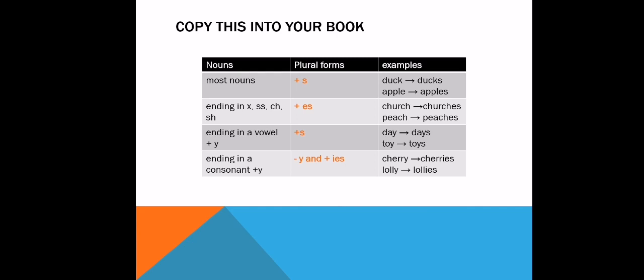So you take out y and you replace it with ies. Same goes to the word lolly. Before the letter y, you will see the letter l. L is not a vowel, it's not in a, e, i, o, u. So you take out y and replace it with ies.